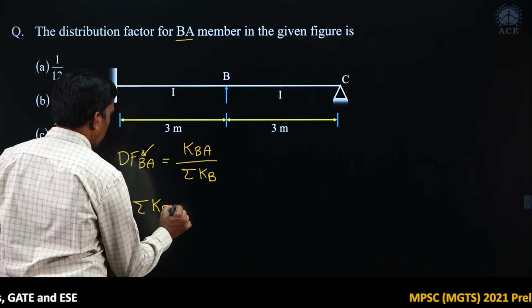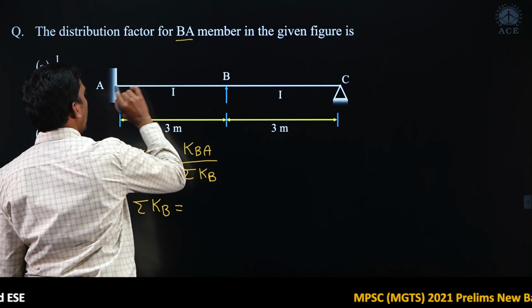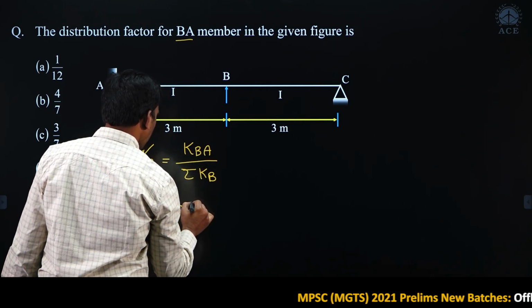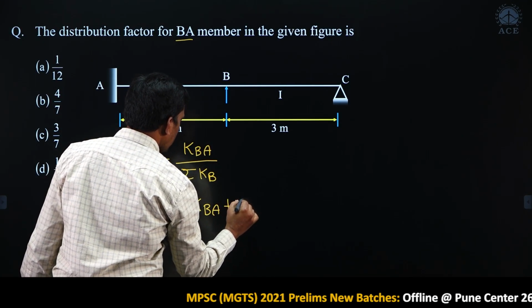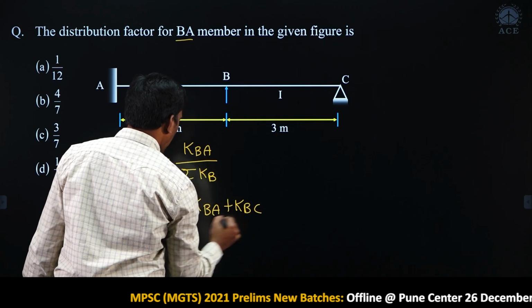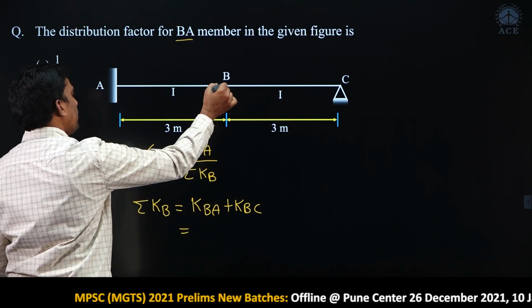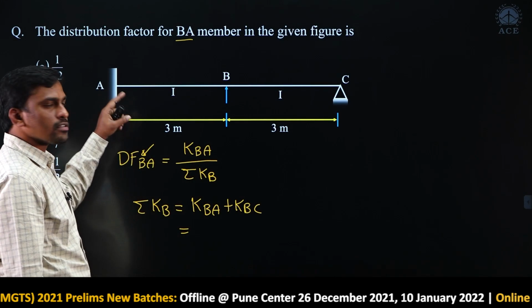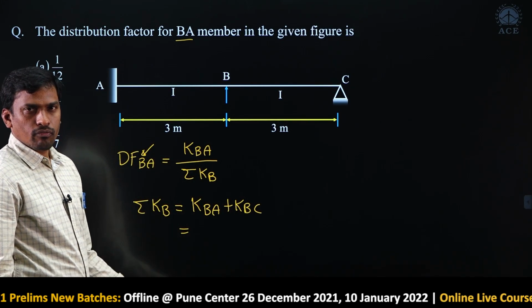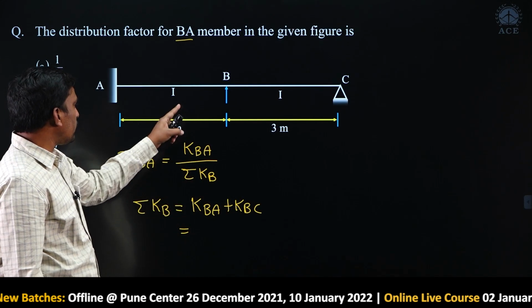BA plus BC. So stiffness for member BA plus stiffness for member BC. For member BA, far end is fixed support, right? If far end is fixed support, what is the stiffness? 4 EI by L.